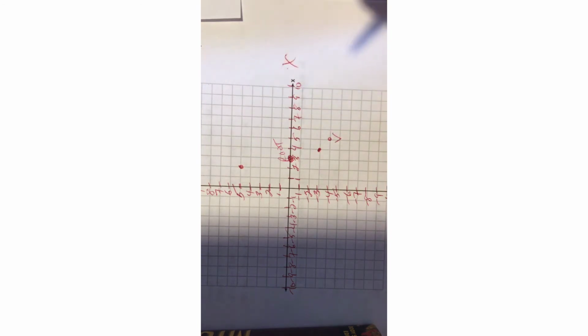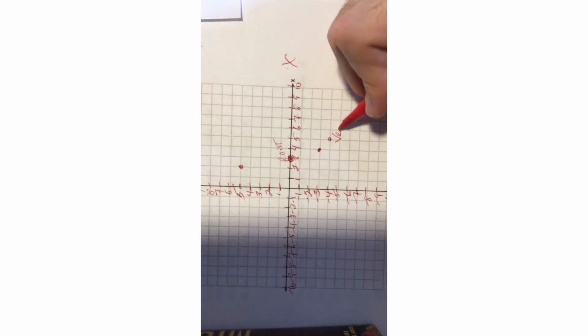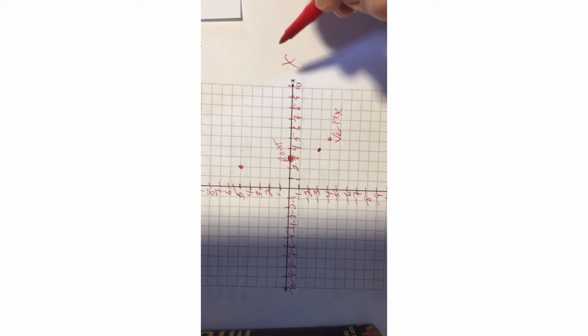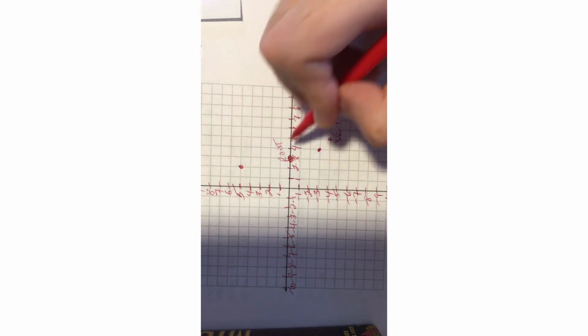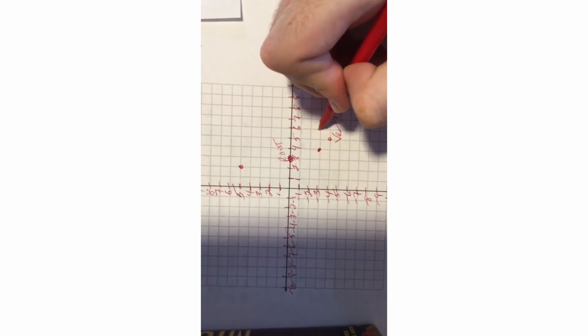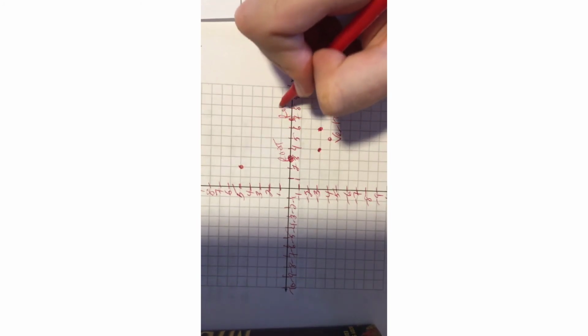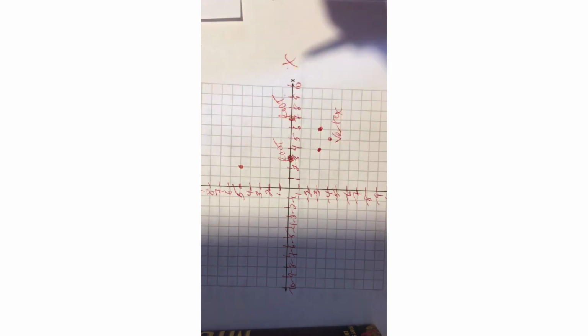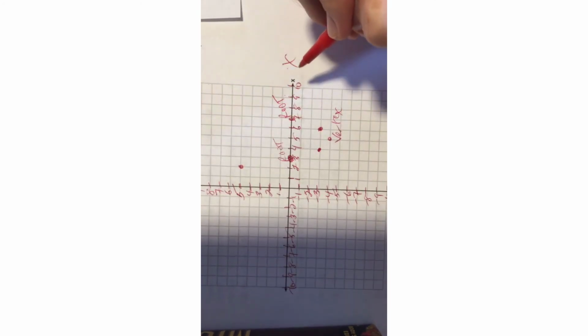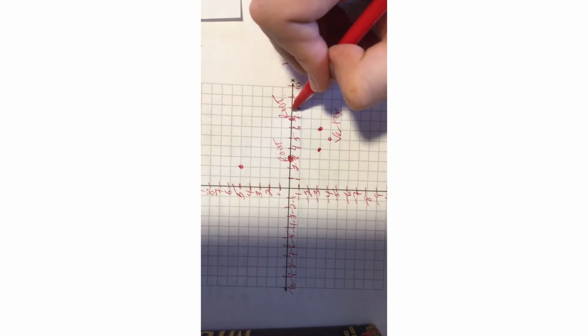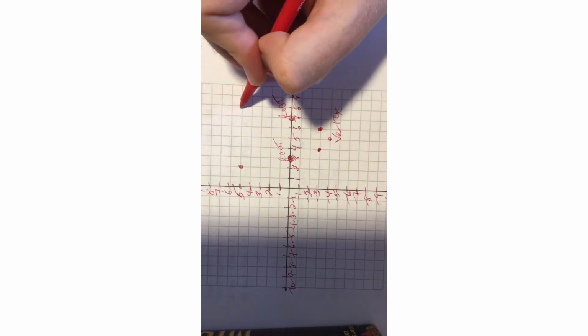I'm going to put a V to indicate that, or we could spell it out. X is 6, y is negative 3. X is 7, y is 0. You're seeing another x-intercept or a root. And we also have 8, 5. X is 8, up to 5 for the output.